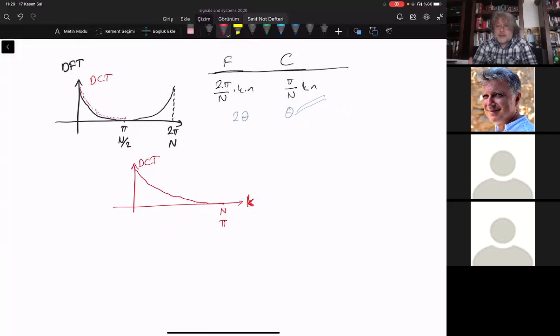So Fourier transform and discrete cosine transform are different spans of frequency.